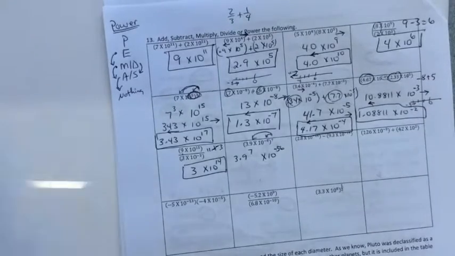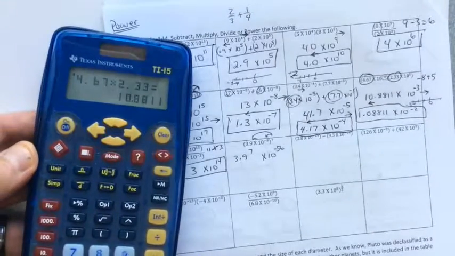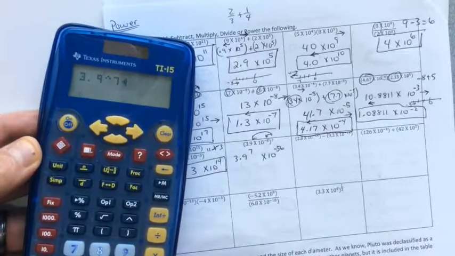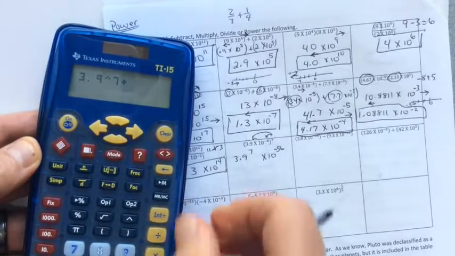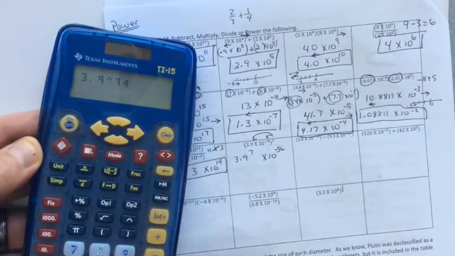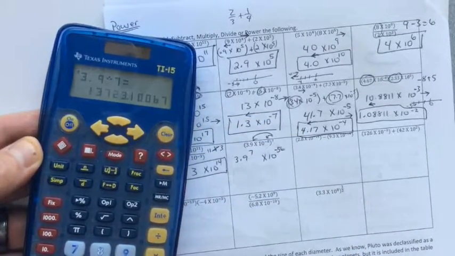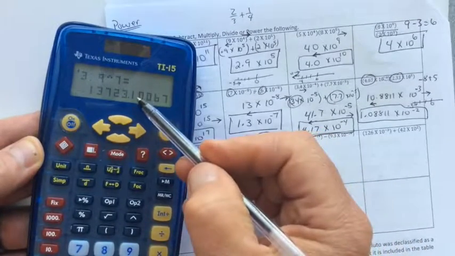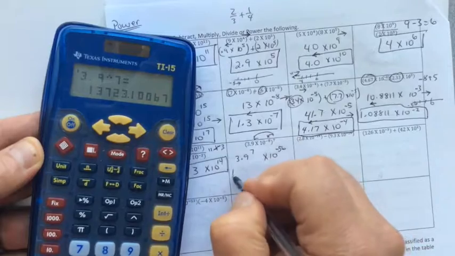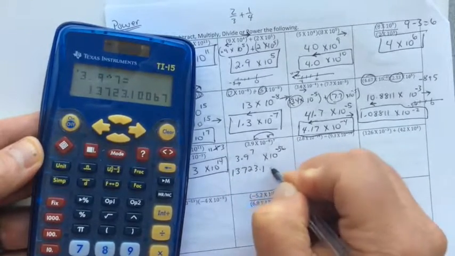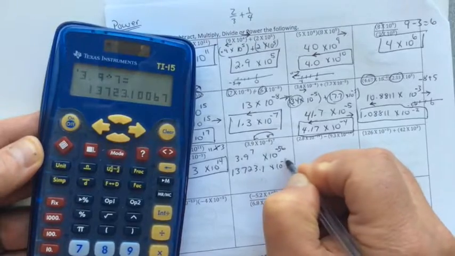So that's what I have my calculator for. 3.9 to the power 7 is, okay, I'm going to round that up probably to right there after the 1. So it looks like it's 13723.1 times 10 to the negative 56.